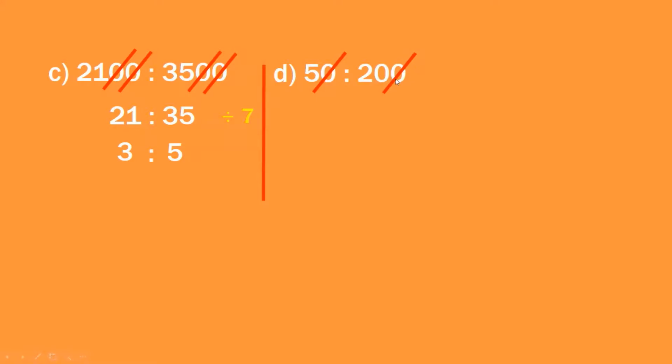If we have 2 zeros, we can cancel 2 zeros from the first term and 2 zeros from the second term. So it will be 5 to 20. Now let's simplify. 5 and 20 can be divided by 5. So 5 divided by 5 equals 1, and 20 divided by 5 equals 4.